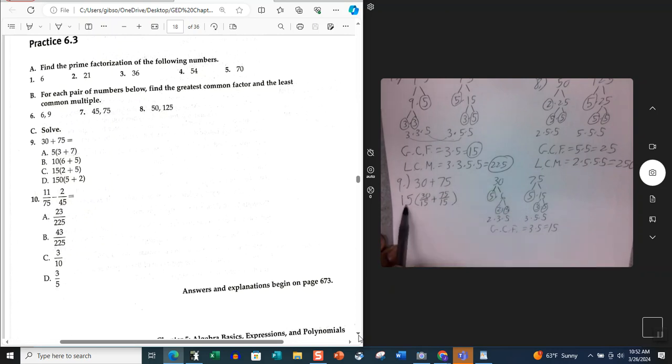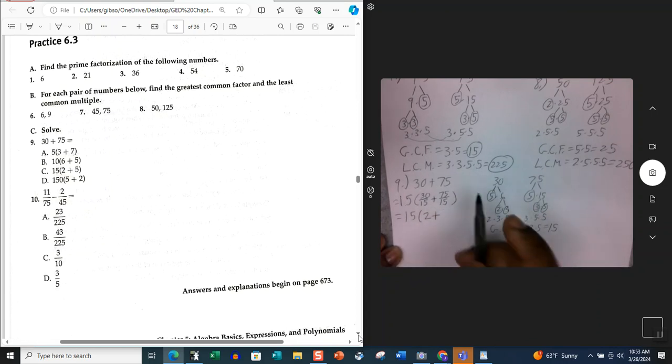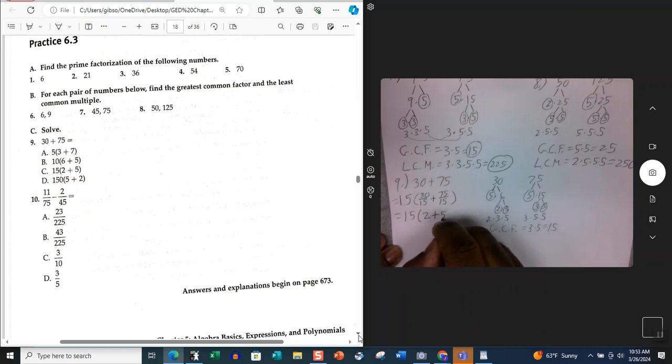Whatever you factor out here is what you divide by these two here. So now, this becomes 30 divided by 15 is 2, plus 75 divided by 15 is, what's that, 5. So our answer here would be 15 times 2 plus 5, which is C.